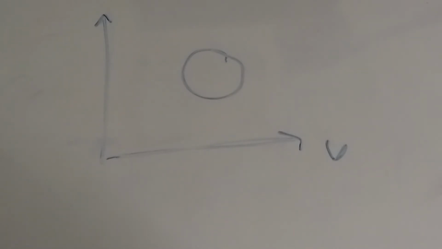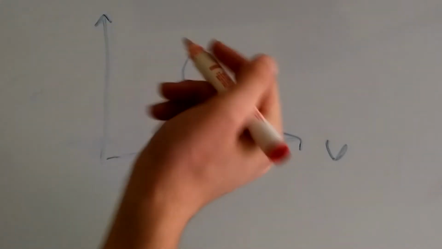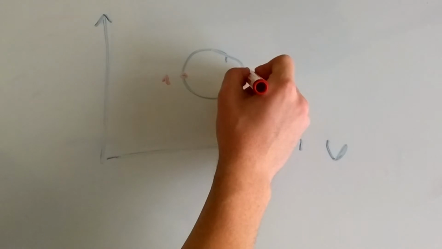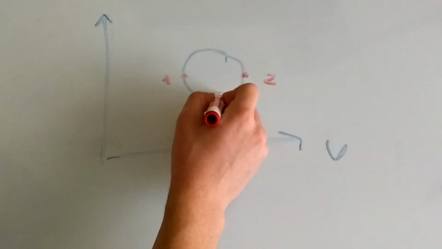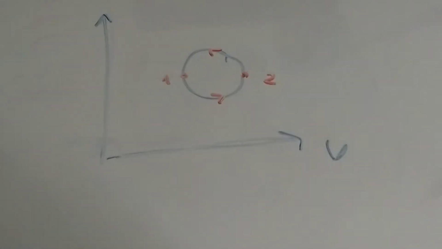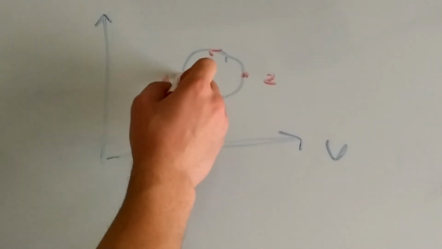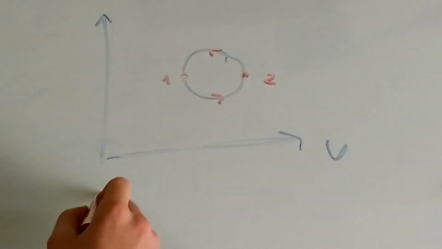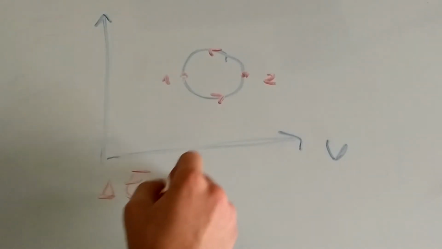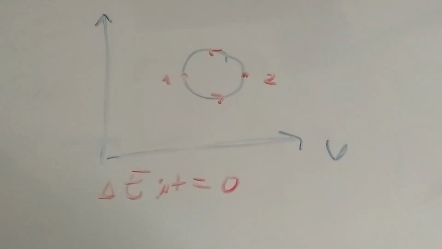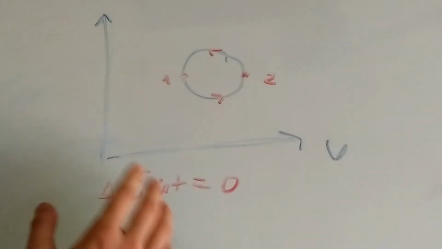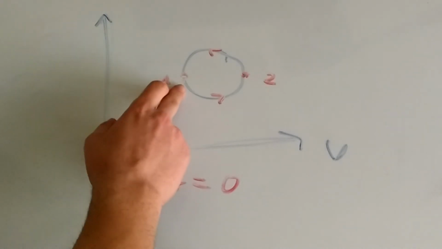So what can we say about the change in internal energy? Well, let's say this is point 1 and this is point 2. And the system is going in this direction. Now, since the initial and final points are the same, the change in internal energy will be equal to 0, since we're going back to the same position here. So basically we do not have any change in temperature.